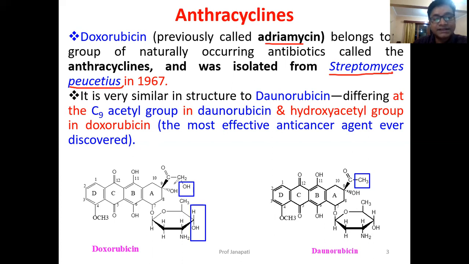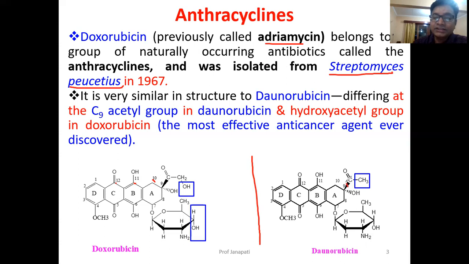You can see that we have given numbering, 1, 2, 3, 4, 5, 6, 7, 8, 9, 10, 11, 12. At the 9th position, these are the two structures placed in this slide, doxorubicin and daunorubicin.